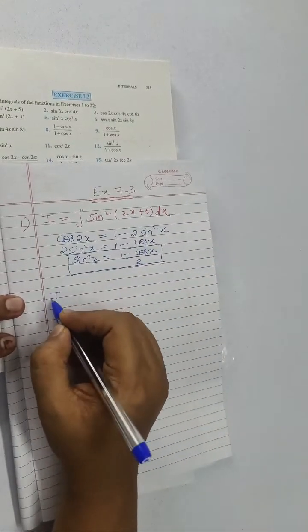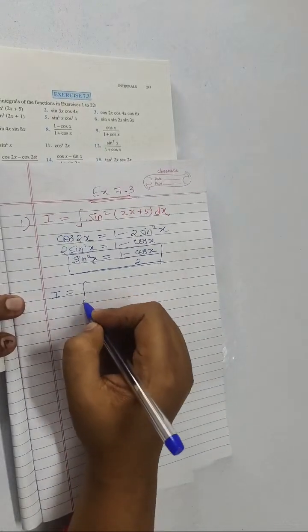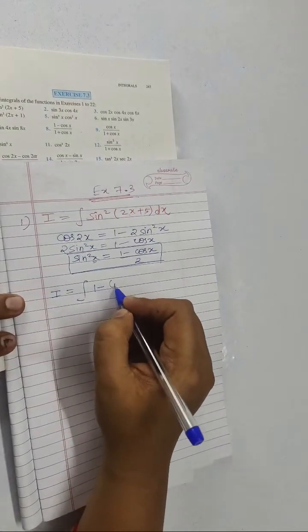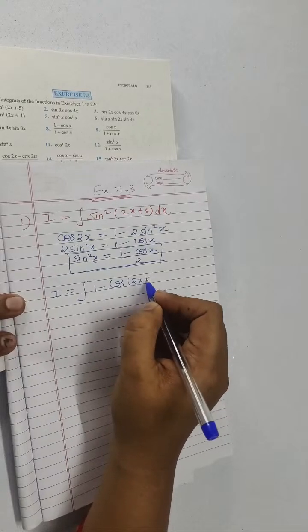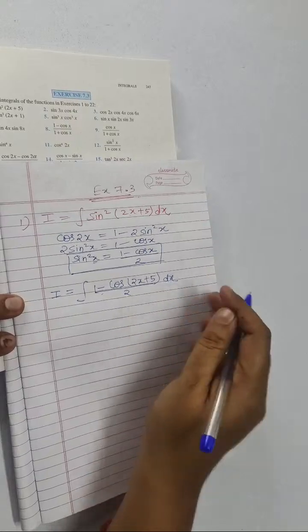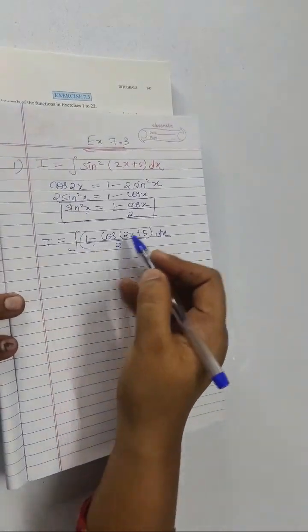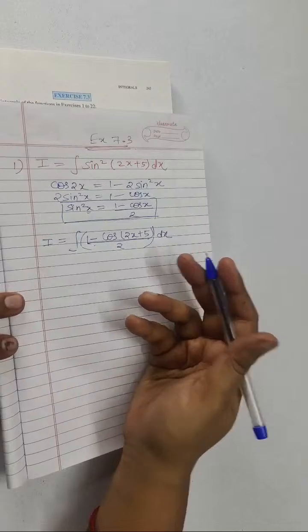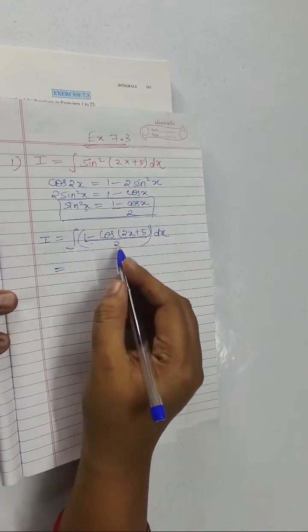So the given question can be written as integral of 1 minus cos of (2x plus 5), the whole by 2, dx. You can split it, or straight away integrate. So you have 1 by 2.